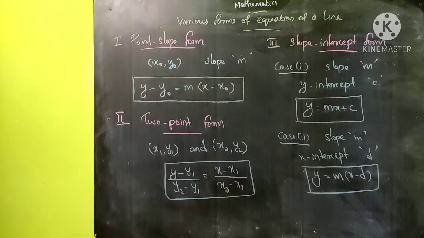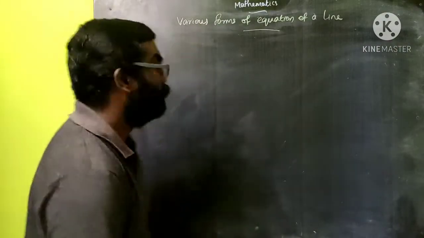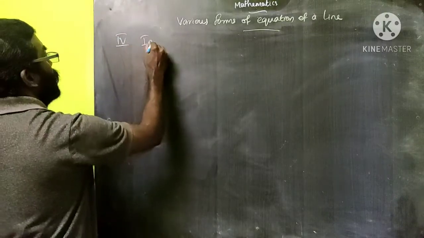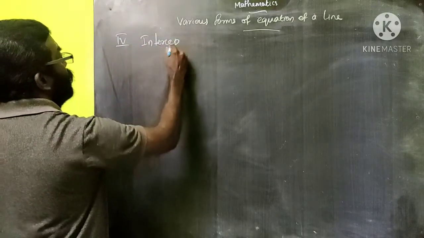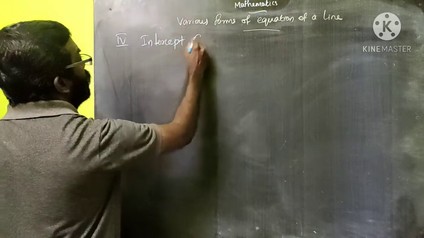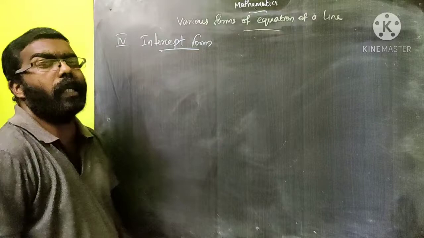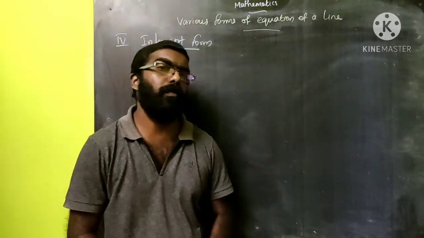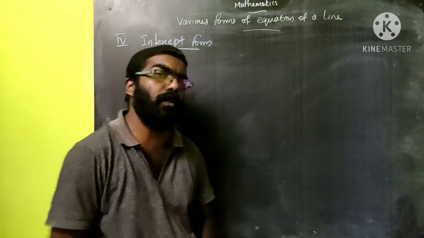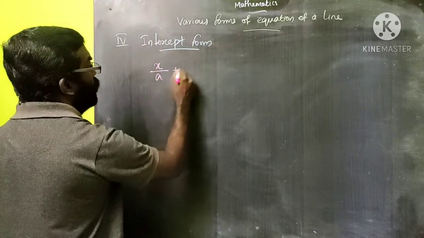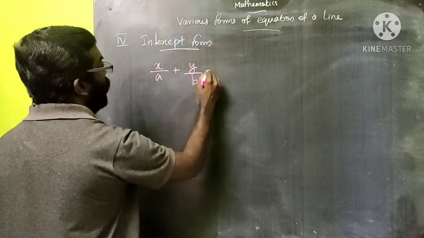Okay. Next one is intercept form. Fourth one, intercept form. So if we know x-intercept and y-intercept, then we can write the equation of line as x by a plus y by b is equal to 1.